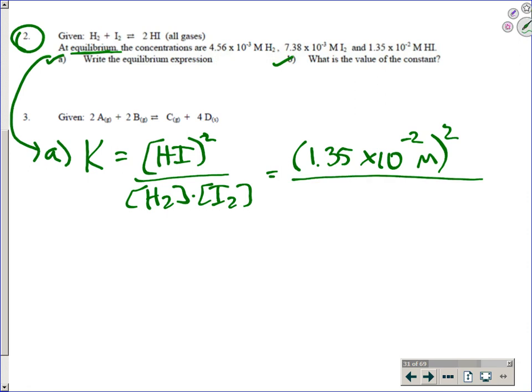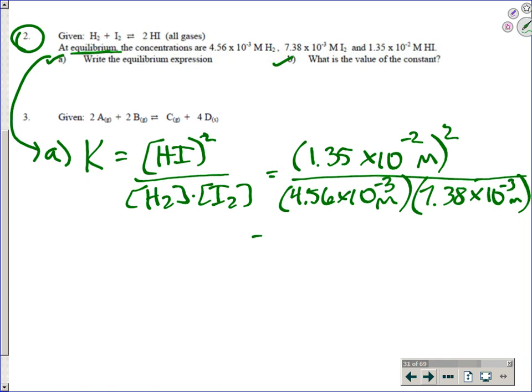Over, what's the H2? 4.56 times 10 to the negative third molar times 7.38 times 10 to the negative third molar. Okay, and what did we get when we plugged it into our calculator? Hopefully correctly. You don't need scientific notation. 5.42.